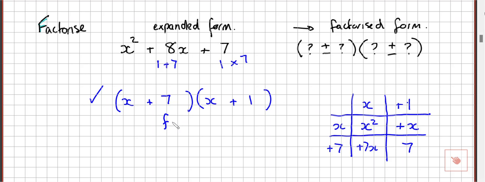So this here is factorised form. So this is expanded. Expanded form is actually another name, standard. This is expanded form. This is factorised.